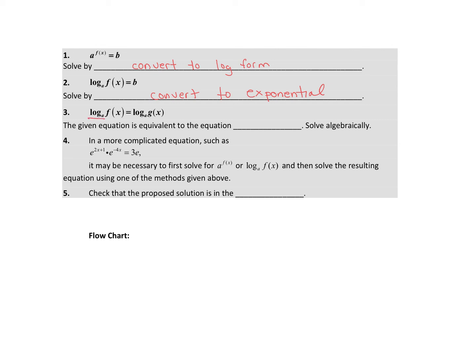If you have a log base a of something equal to the log base b of something, we can set these arguments equal to one another. So it's equivalent to the equation f of x equals g of x.